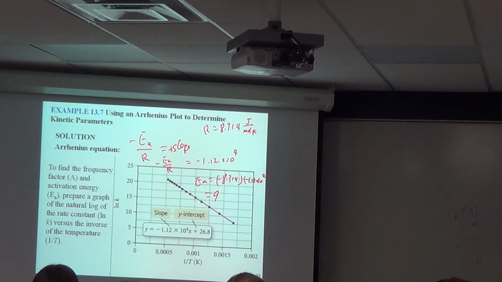So you get 9.31 times 10 to the 4th joule over mole. Joule per mole. And that equals 93.1 kilojoule per mole.